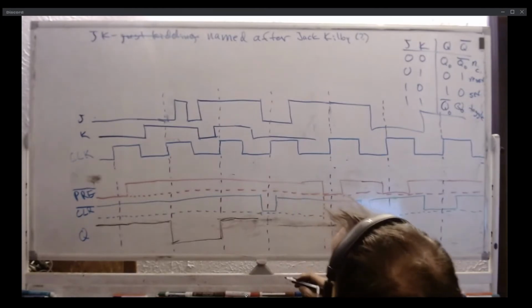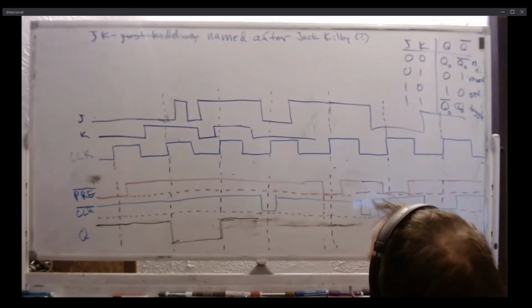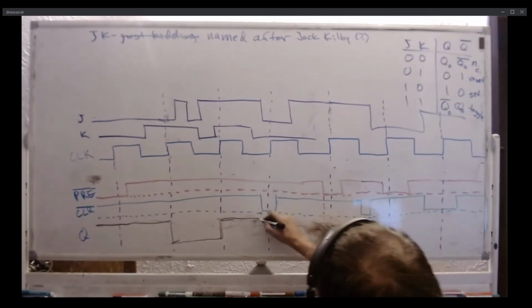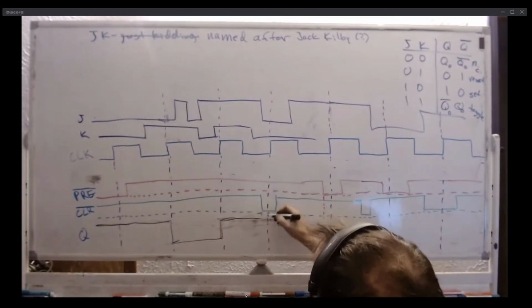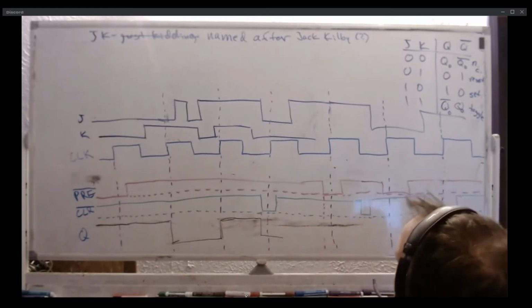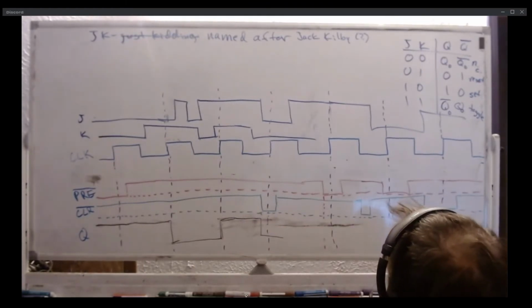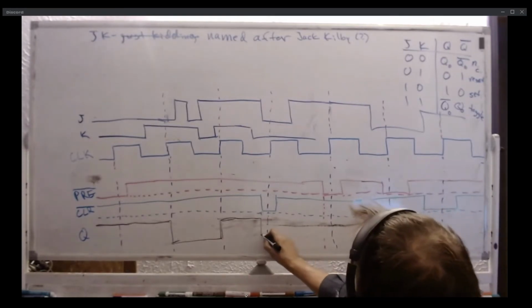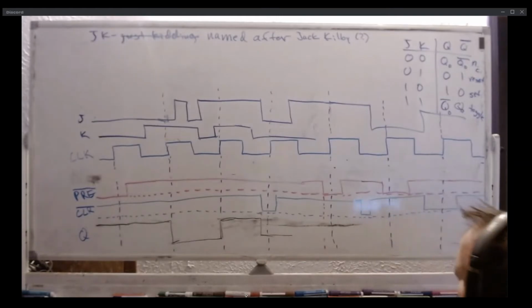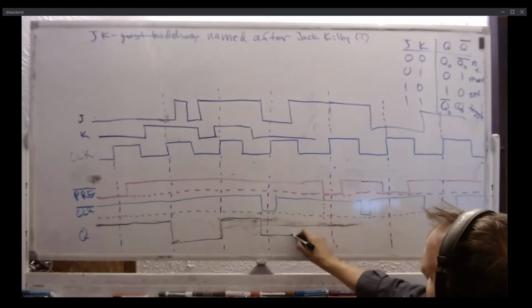Now we have clear going low. What happens? Immediately Q is going to shoot to low. Does anybody not see that? And it's going to stay low until preset goes low, at which point it'll shoot back up to 1.